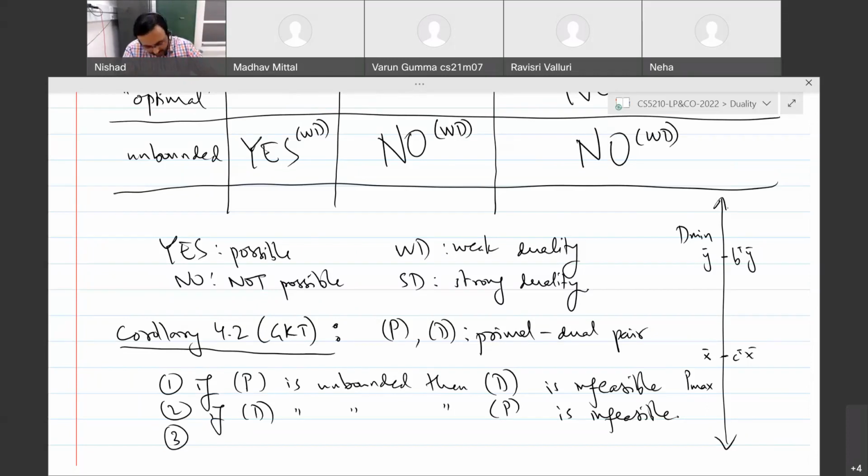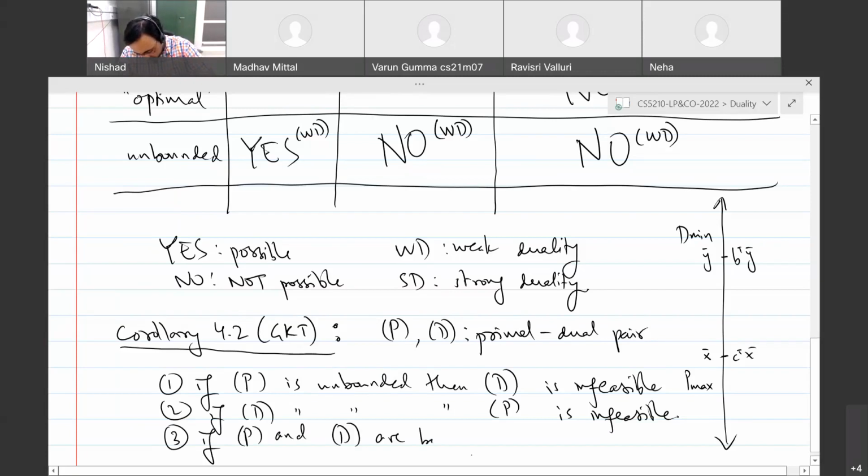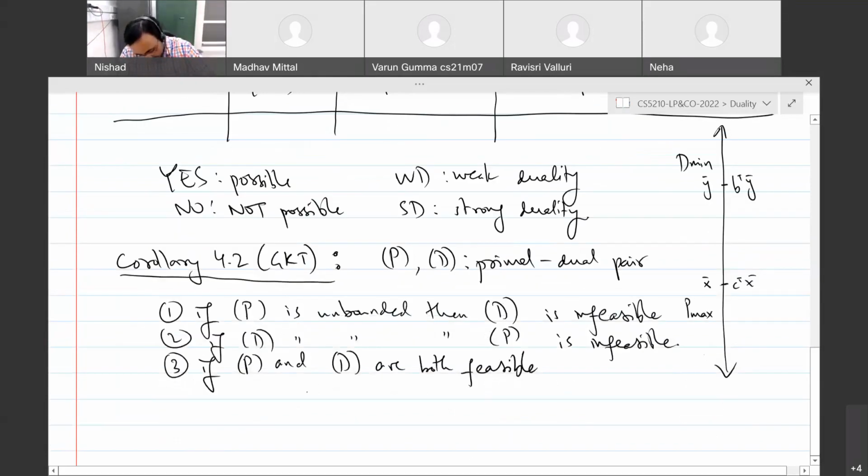Right, so I'm assuming that if P and D are both feasible, then what can I conclude? Can I conclude that either of them is unbounded? No, right?